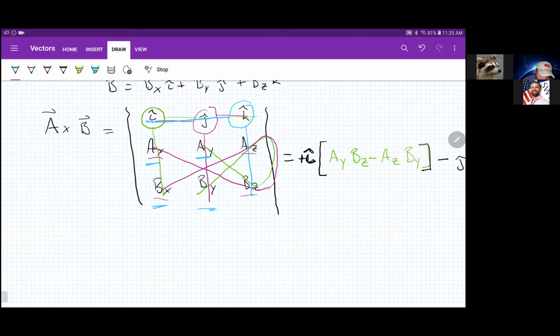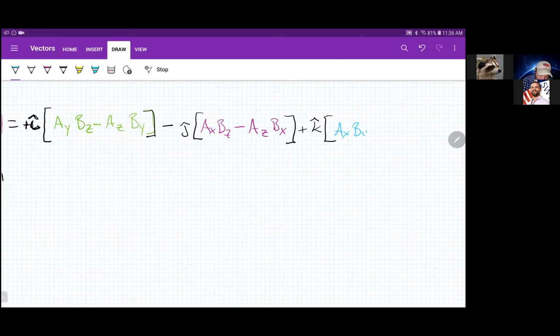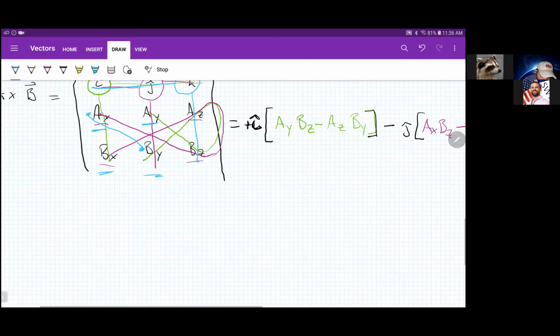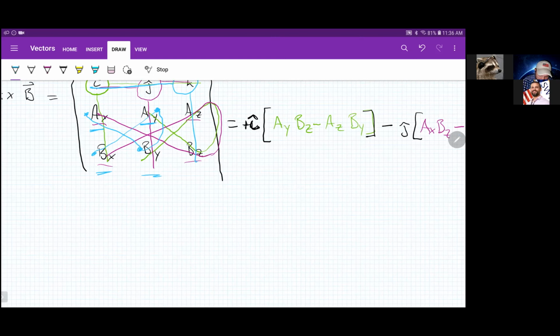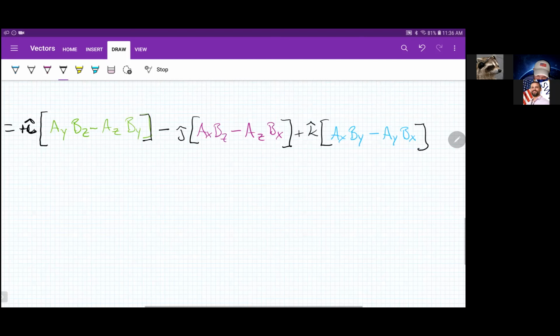It's going to be AX times BY, minus, I'm going to loop back up, AY times BX. And so that's our equation.